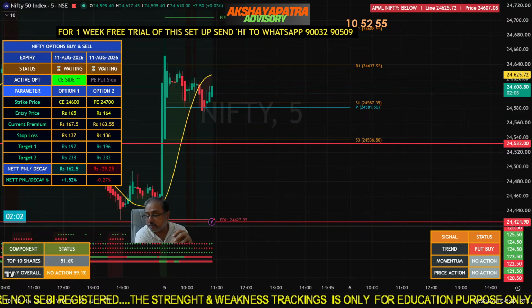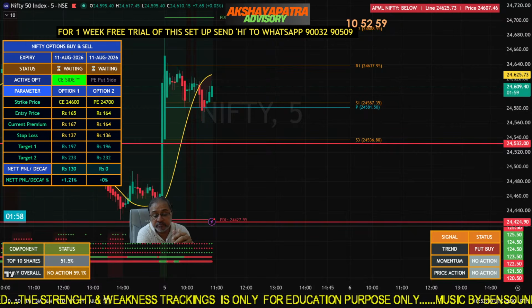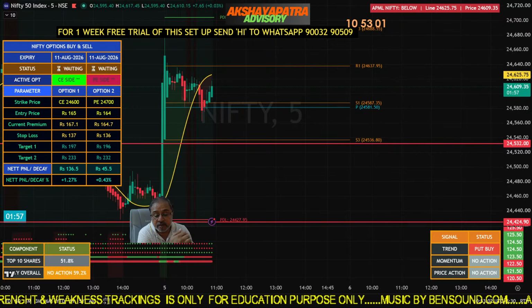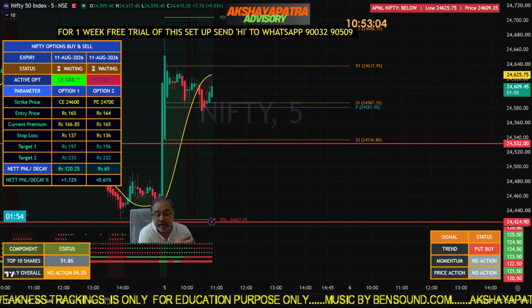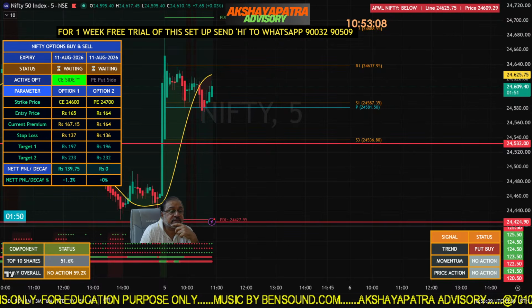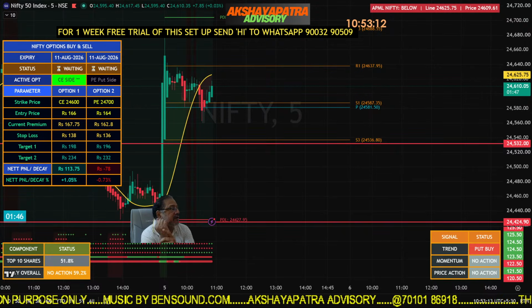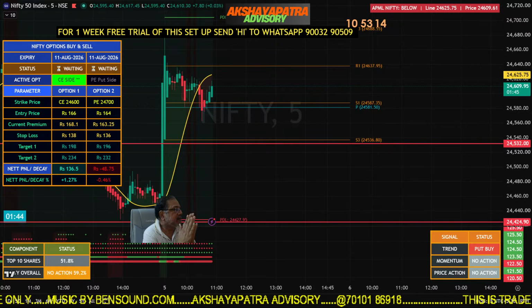Of course, by keeping it below, they may write at some point more puts and then let the market go. What has actually happened is Nifty Bank has not recovered despite no stand in this.